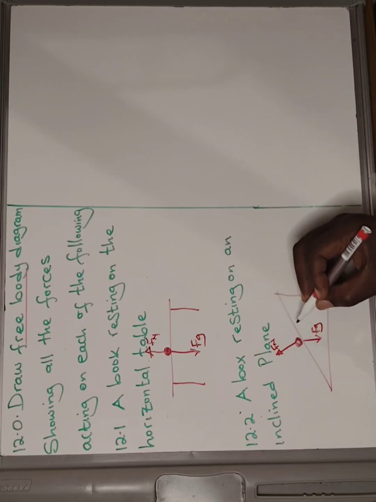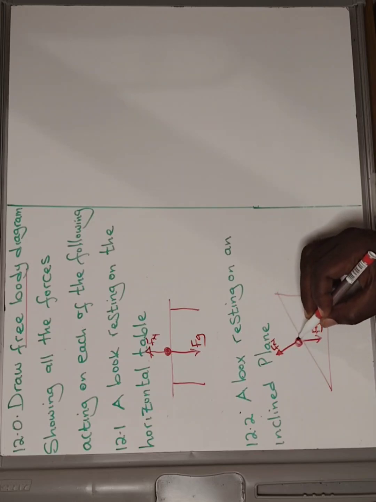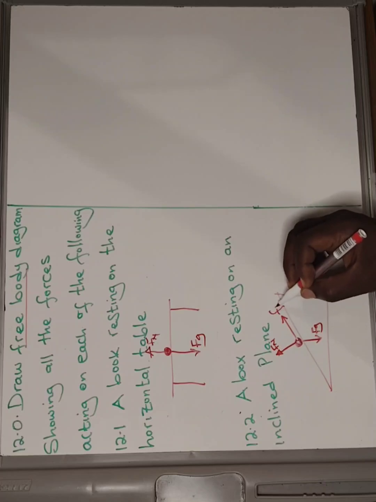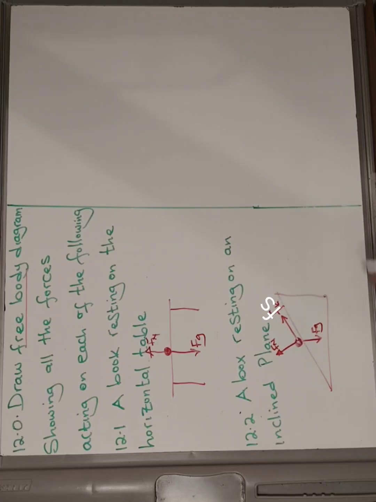So if it's rough, then we are going to have our friction force that side, because on this incline, there is a tendency of this body or box to slide downwards. So our friction force is upwards. Our assumption is that the angle of inclination is alpha. So this is what we have.